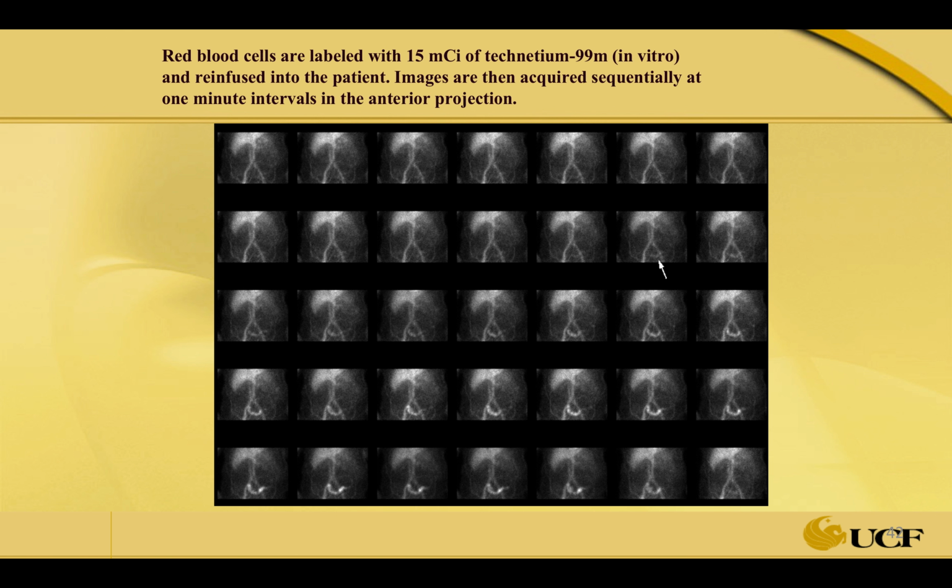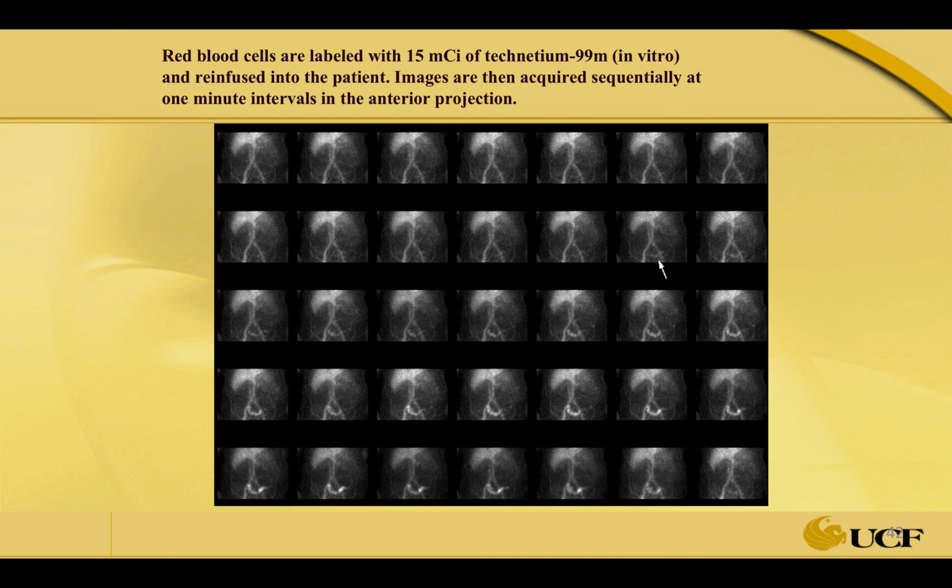Okay, so here we have red blood cells that are labeled with the radio labeling agent in vitro and reinfused into the patient. And these images are then acquired sequentially at 1 minute intervals in the anterior projection. So you see the transit of the contrast all over the vasculature of the lower gastrointestinal system.